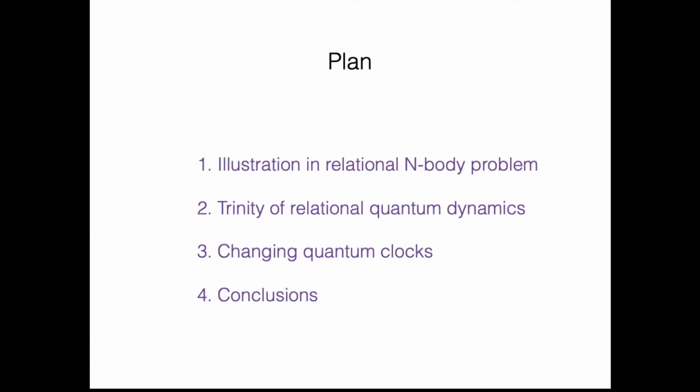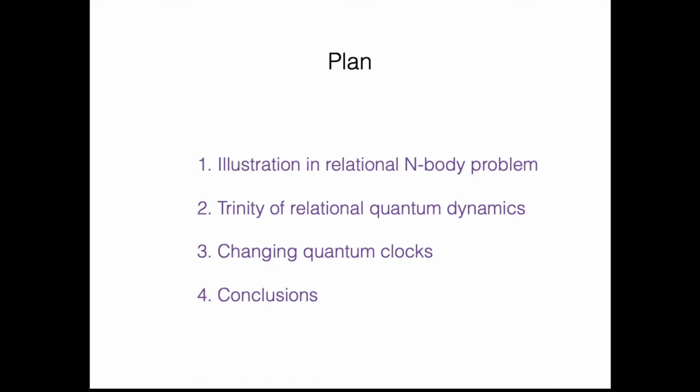That's some implications of that new framework for relational dynamics, using basically temporal reference frames, if you want, quantum clocks. And then, if I have time, I may talk about how these methods lead to changing quantum clocks or relational quantum clocks, but I'm not sure I will actually make it. That part would be a little more technical, and then I would conclude.